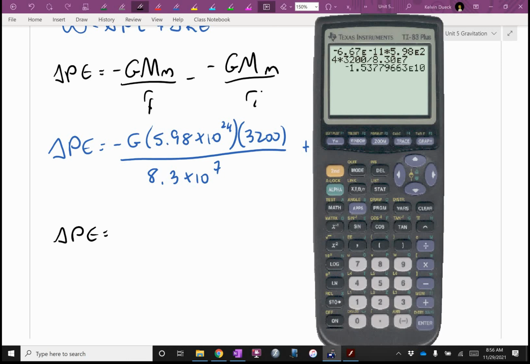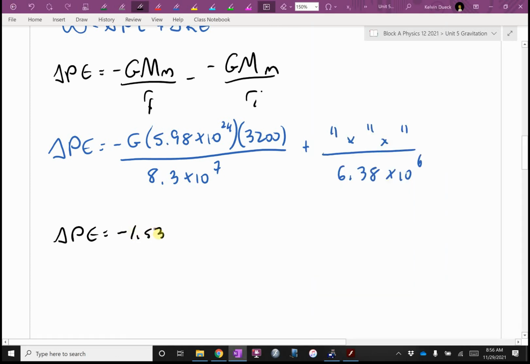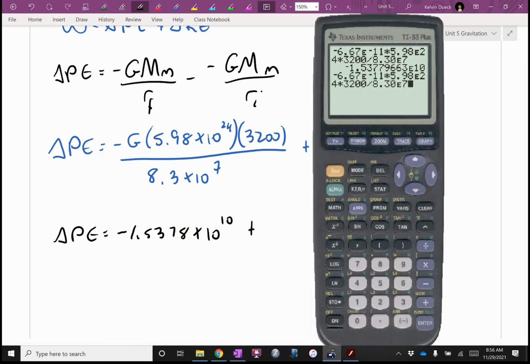Times 10 to the 10th, negative 1.5378. Plus, if we start out on the Earth, we're going to be positive, and it'll be 6.38 times 10 to the 6th.